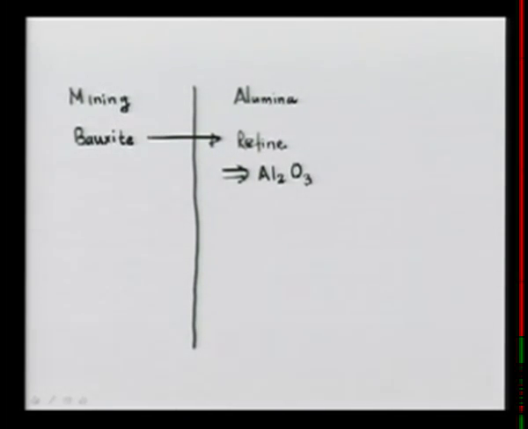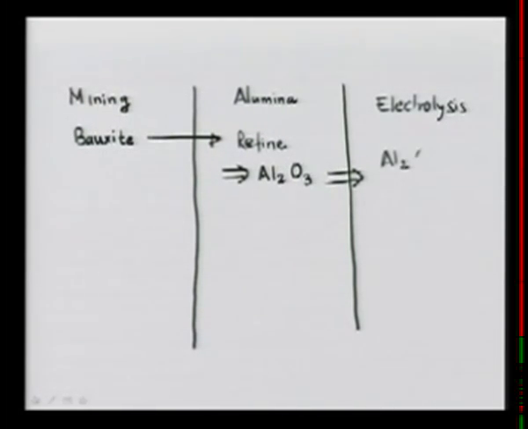And once we have the alumina ready with us, the next step is to take this aluminium oxide, or alumina, to the process called electrolysis. What we do here is to produce the aluminium through electrolysis, and this process is essentially that Al2O3 goes to aluminium plus oxygen.